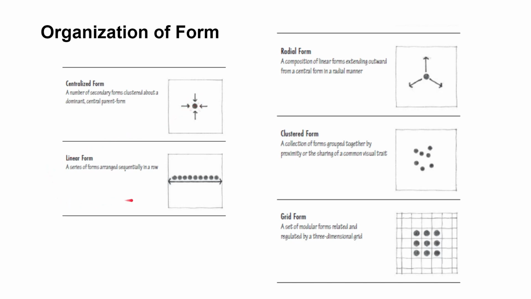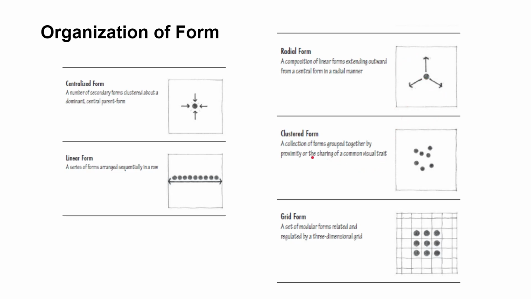A linear form is a series of forms arranged sequentially in a row. They will be equally spaced or applied sequentially in that manner. A radial form is a composition of linear forms extending outward from a central form in a radial manner, so it will be surrounding that central plane.